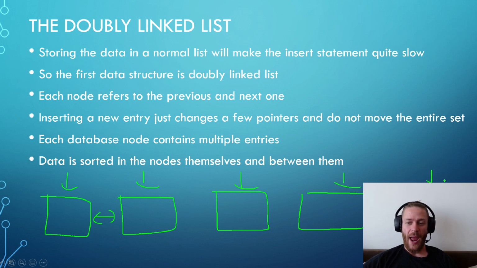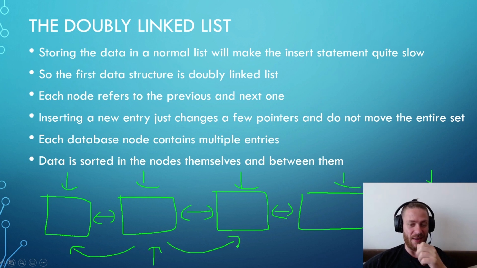These nodes actually contain the data, but the nodes refer to each other by pointers. So each node knows which one is the previous node and which one is the next node. This is different from the normal sorted list, where each node or each value knows its index. For example, this is on index 3 if we start from 0, like we usually do.